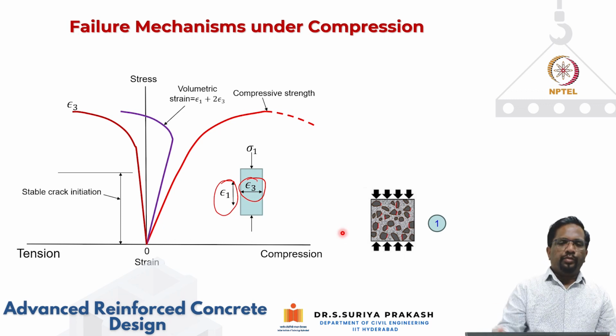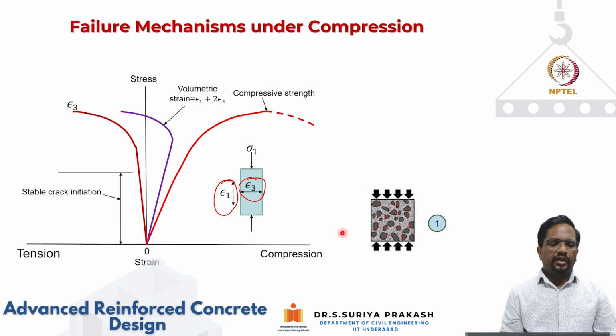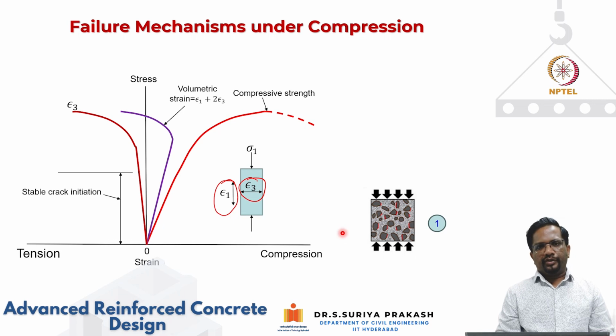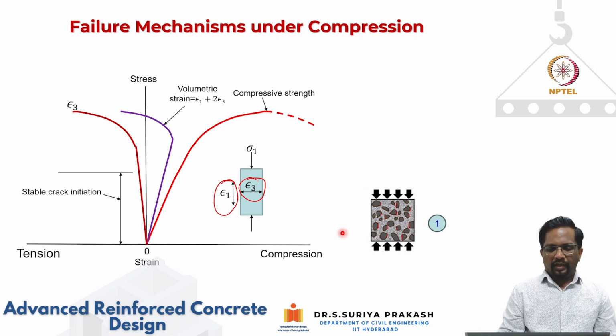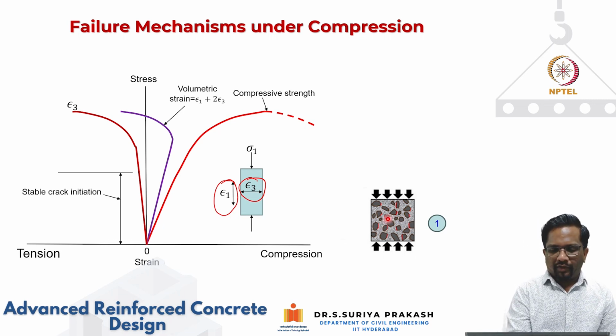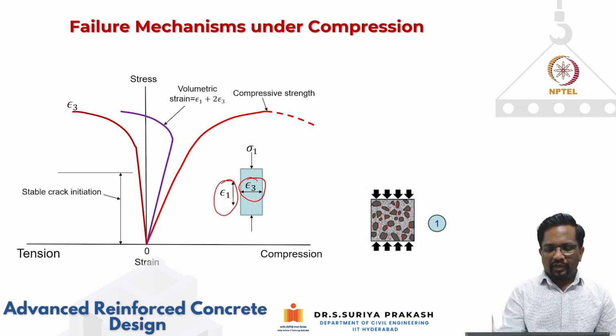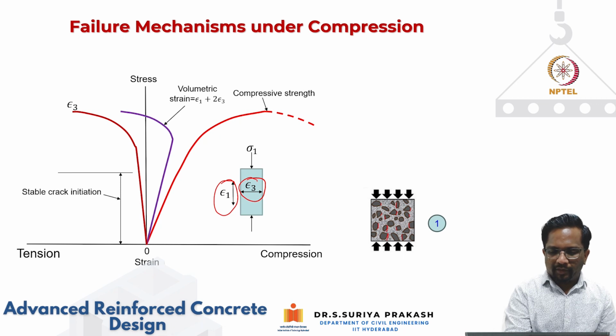So as I apply more stress, more than, let's say, 30% of your compressive strength of concrete, for a normal strength concrete we know that the interface between the aggregate and the cement paste is going to be weaker. So you will start developing what are called bond cracks.